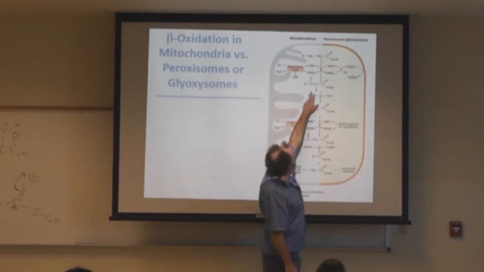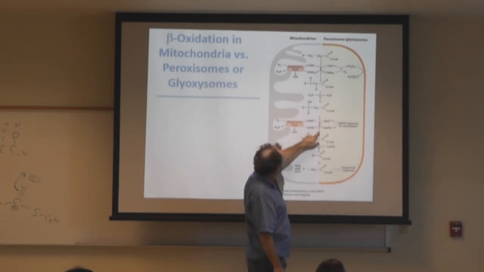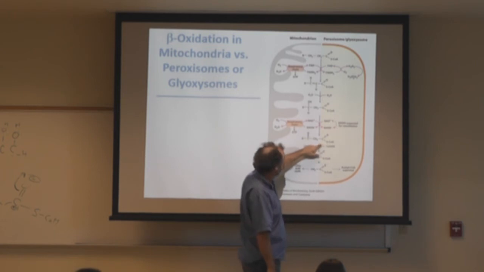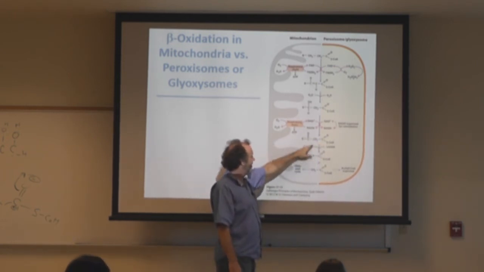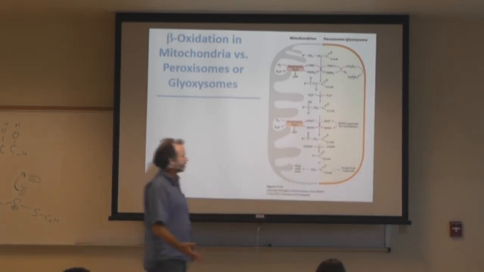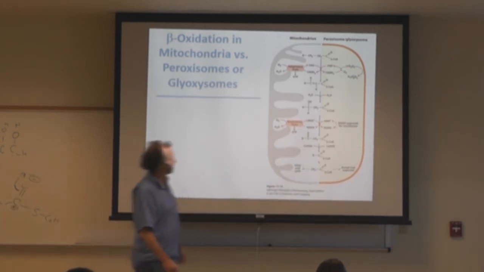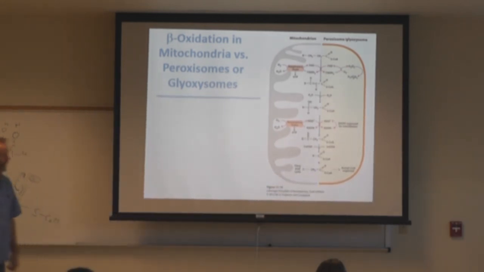And then it'll go on like normal, and then NAD in the peroxisome will be exported for reoxidation. And then you'll produce the acetyl-CoA, and the final product is also exported out of the peroxisome. Whereas if you're in the mitochondria, it would go to the TCA cycle.